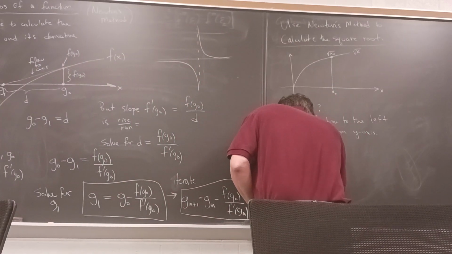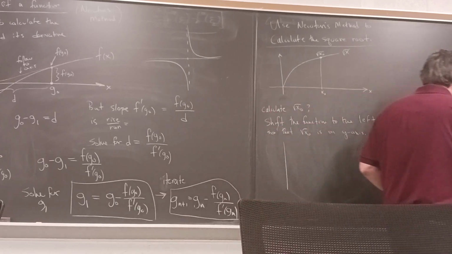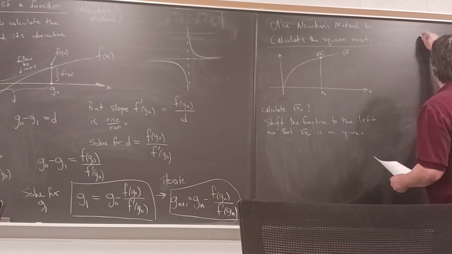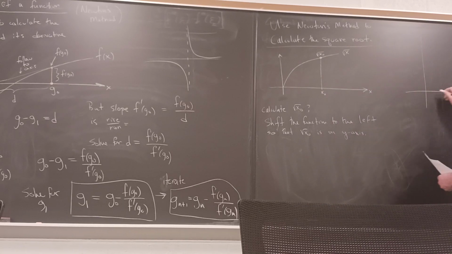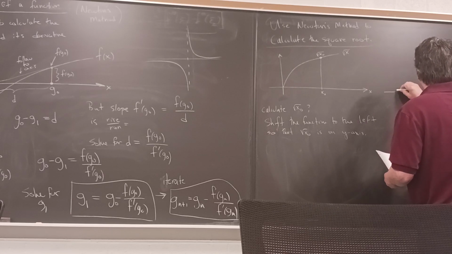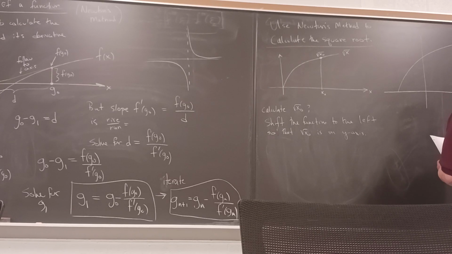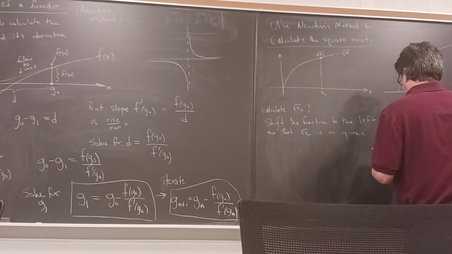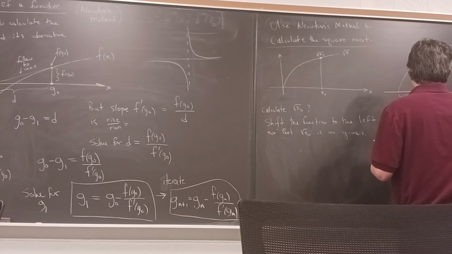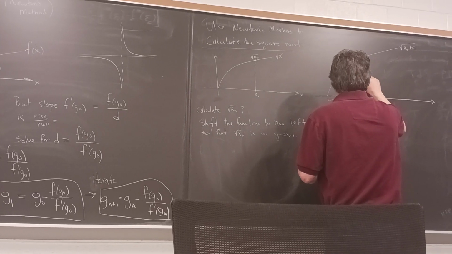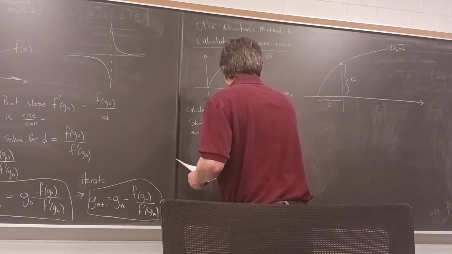Now I'm going to draw this bigger. Now this function is the square root of x0 plus c, where I'm going to calculate the square root of c.